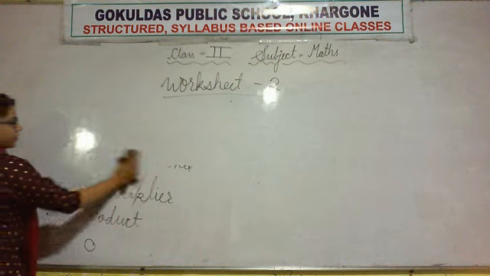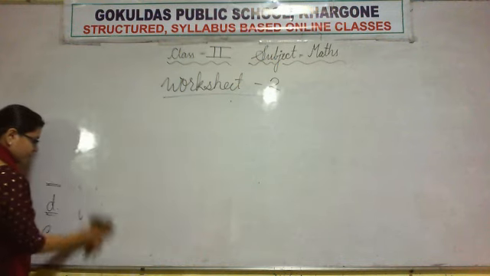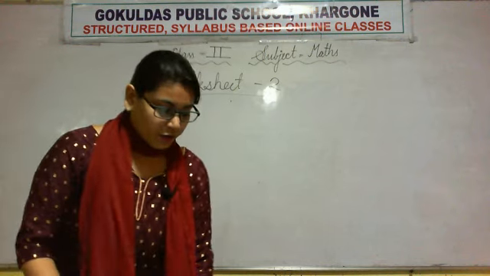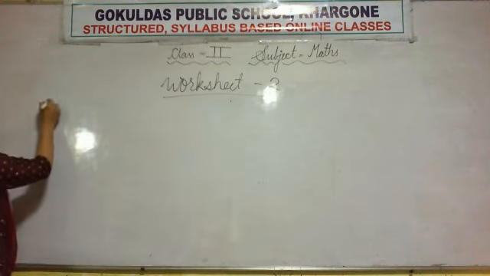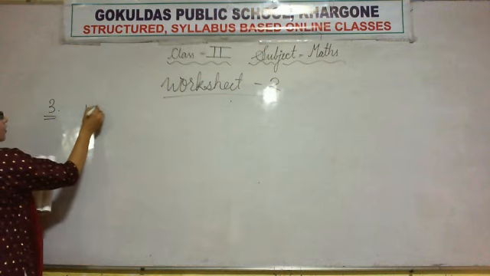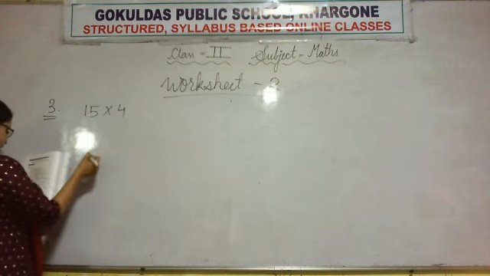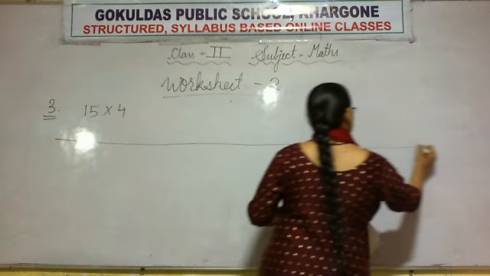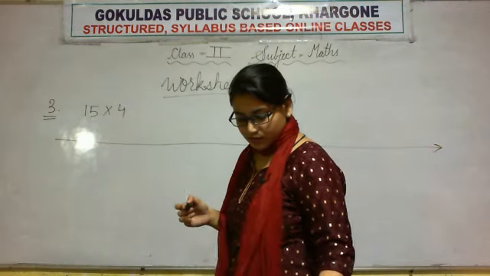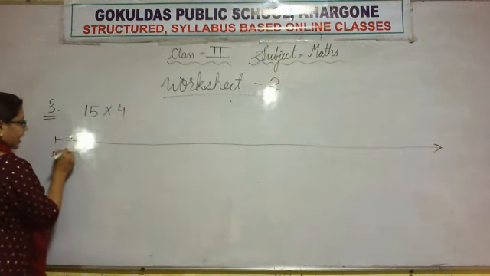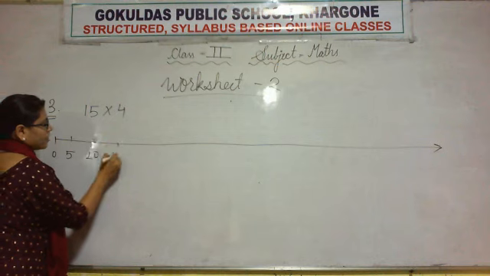Now the next question, question number 3. Multiply 15 into 4 using the number line that is given. The number line is given like 0, 5, 10, 15.